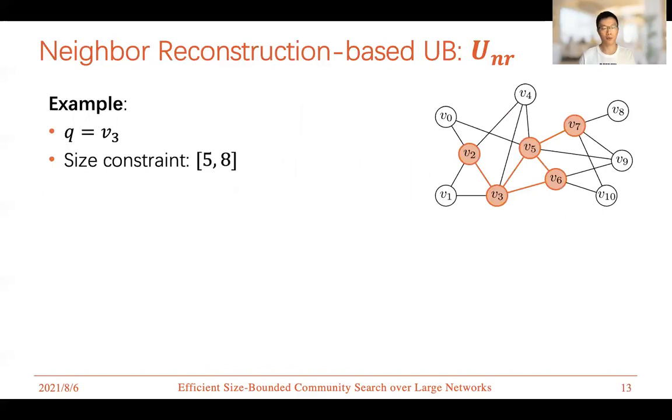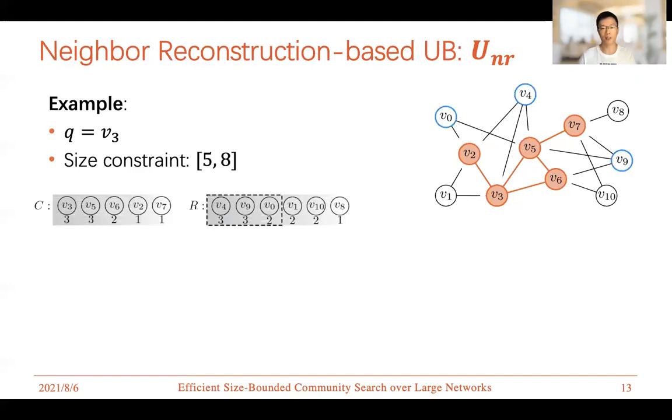Let's see an example. Suppose the query vertex is V3, size constraint is 5 to 8. The colored vertices are in C, and the other vertices are candidates in R. Firstly, we select the top 3 candidates with the most links to C. They are V4, V9, and V0.